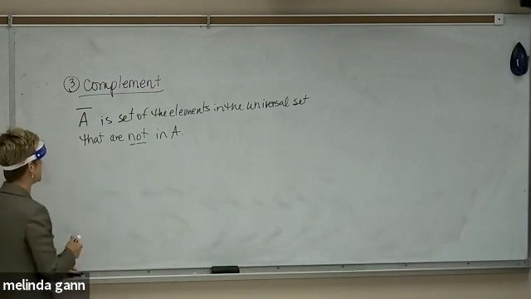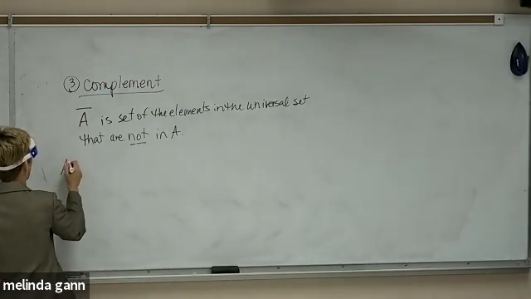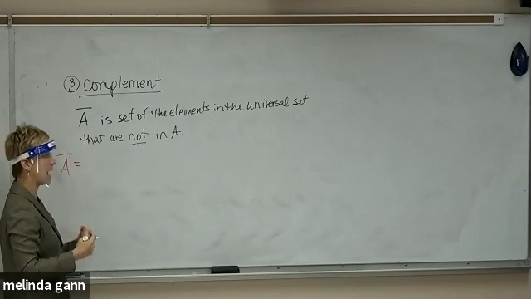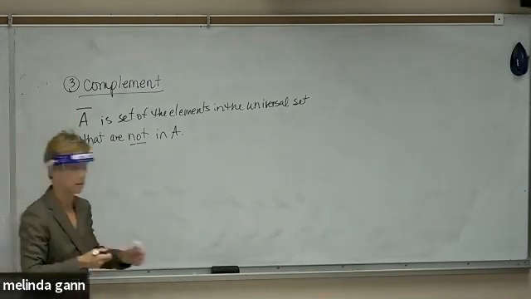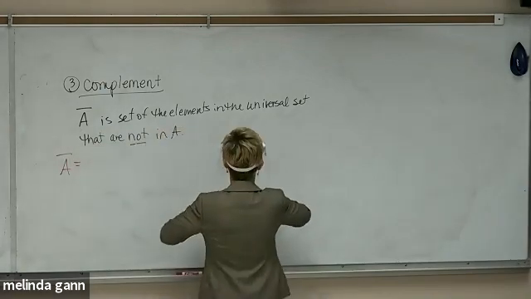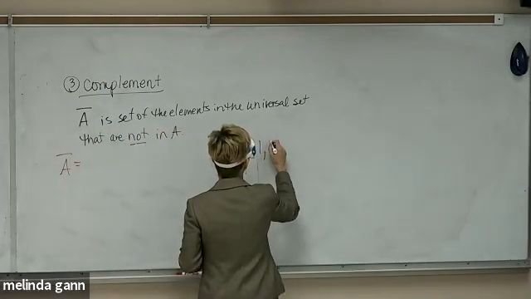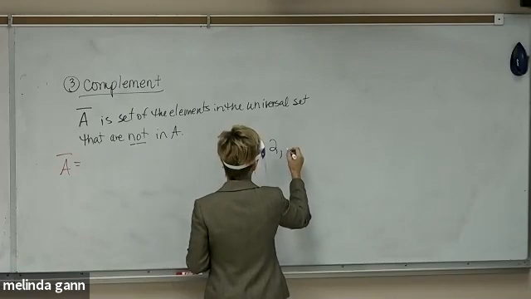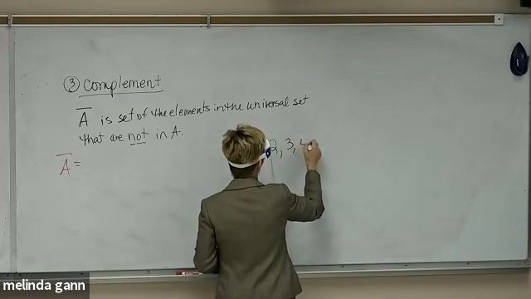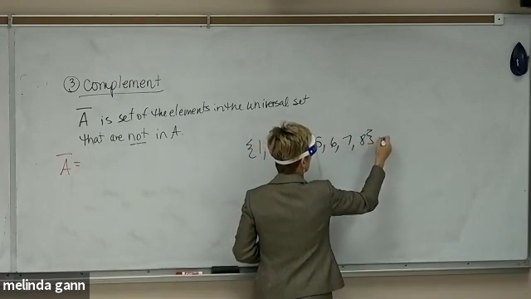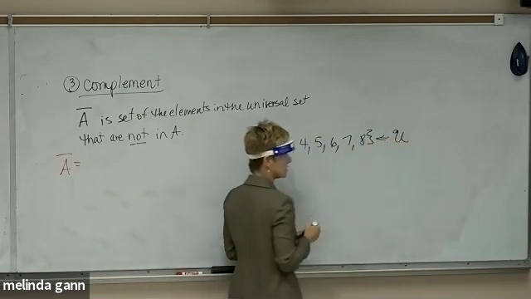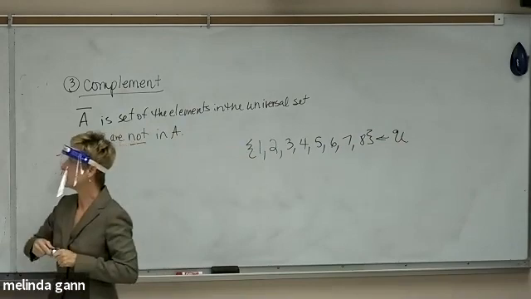So if I wanted to find the complement of A, the first thing I'm going to do is go over to the side and write down the universal set. All right, what's in my universal set over there? The numbers from what? 1 to 8 inclusive, all right? So that is my universal set. Now, what am I going to do?